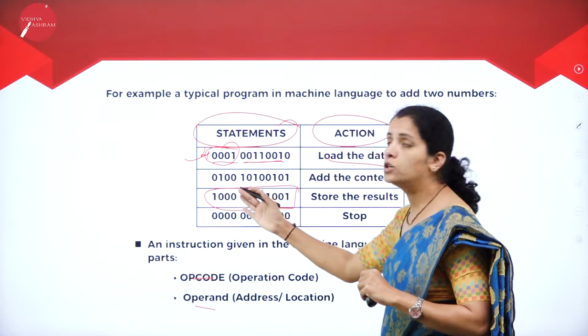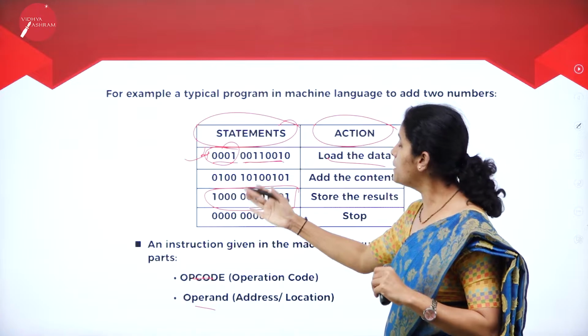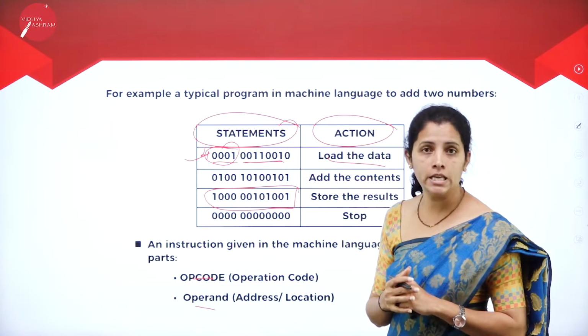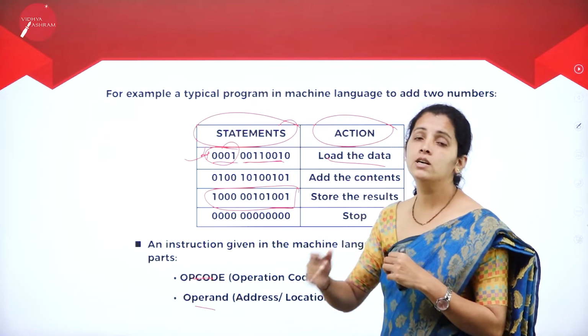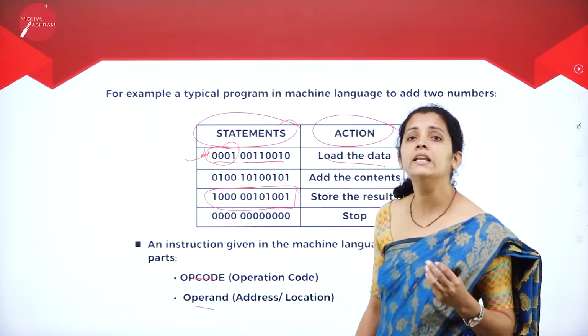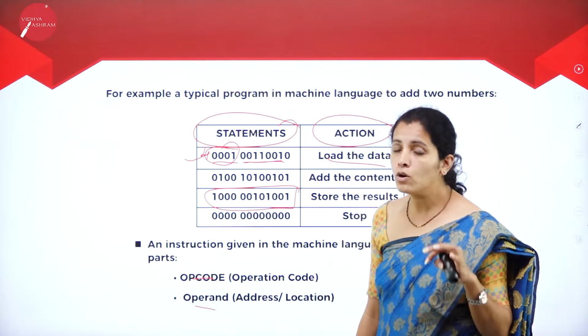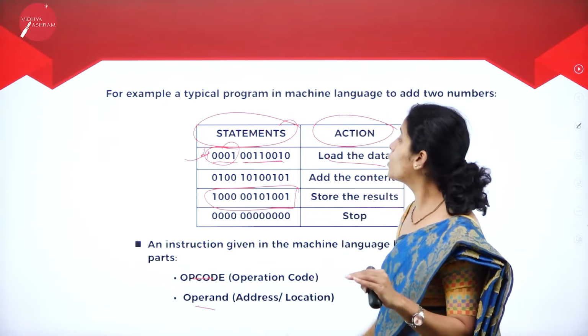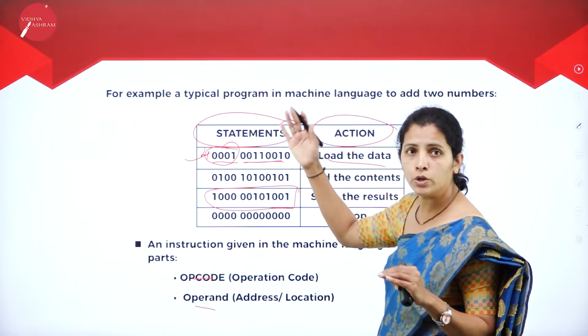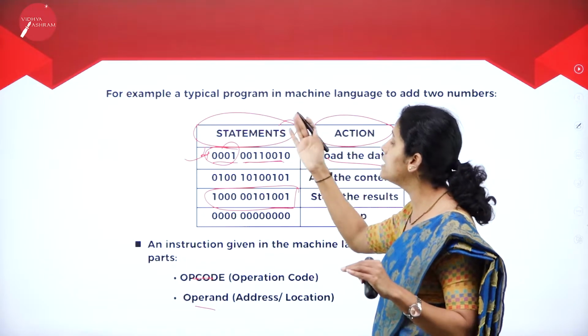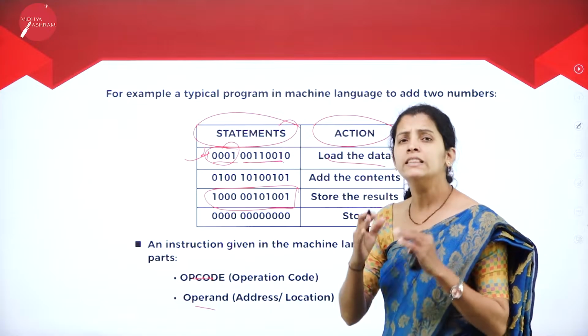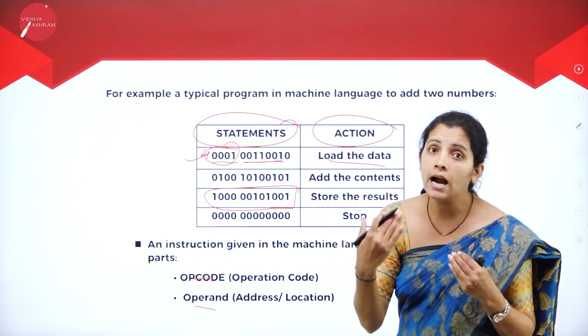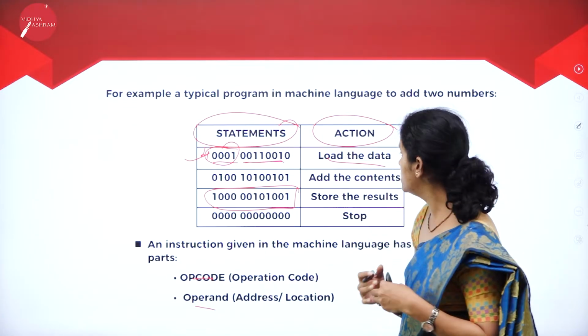So it is very difficult for us to understand, but the computer understands very easily, because here we do not require any translator. Whatever program or instruction we write using the machine level programming language can be easily understood by the computer.